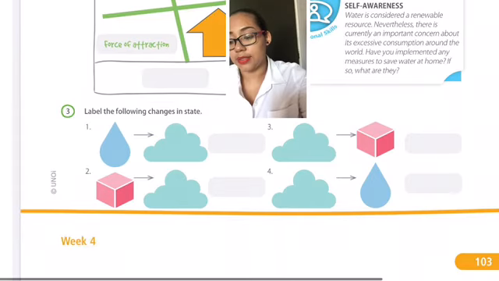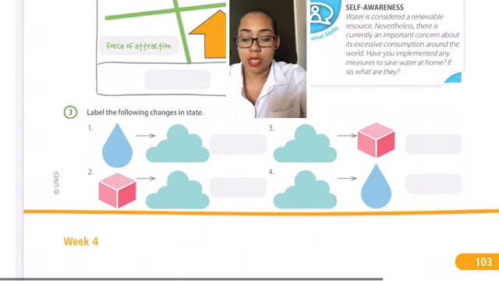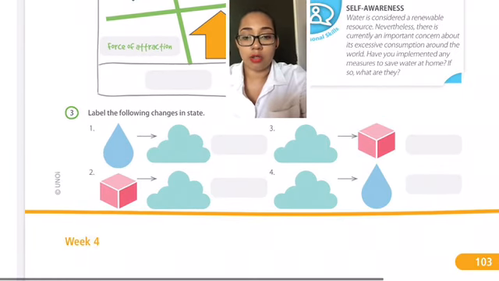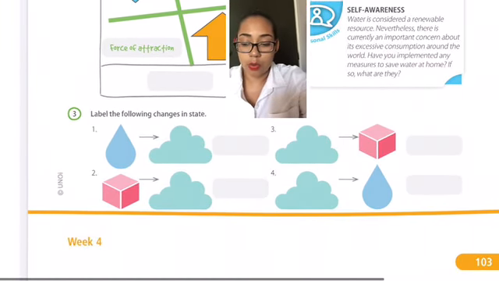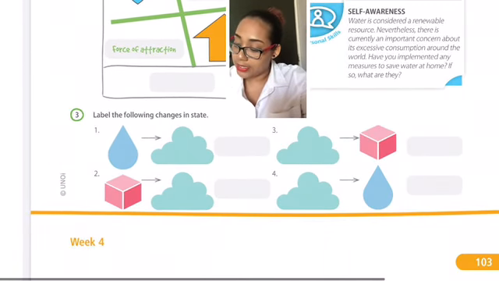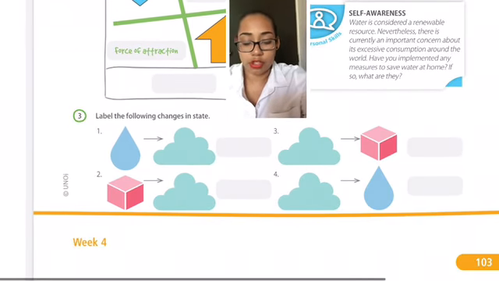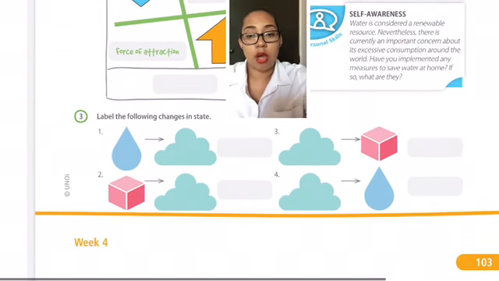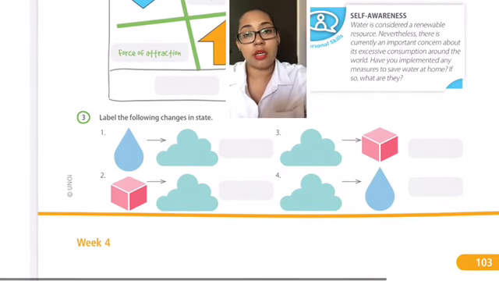The cloud represents something, so I think it will be liquid changes to gas. What is that change called? When something liquid becomes a gas. Liquid to gas. What is that? Yes, you're right. That is vaporization. Now you continue with the other 3 examples, please. I will give you 2 minutes also to do it.